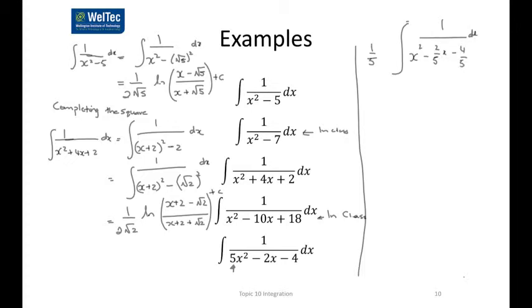And again, if we force it into the pattern, it would be a fifth times the integral of 1 over, complete the square again, x minus a fifth squared minus 4/5 minus 1 over 5 squared, which is 1 over 25. And we can force that into the pattern.